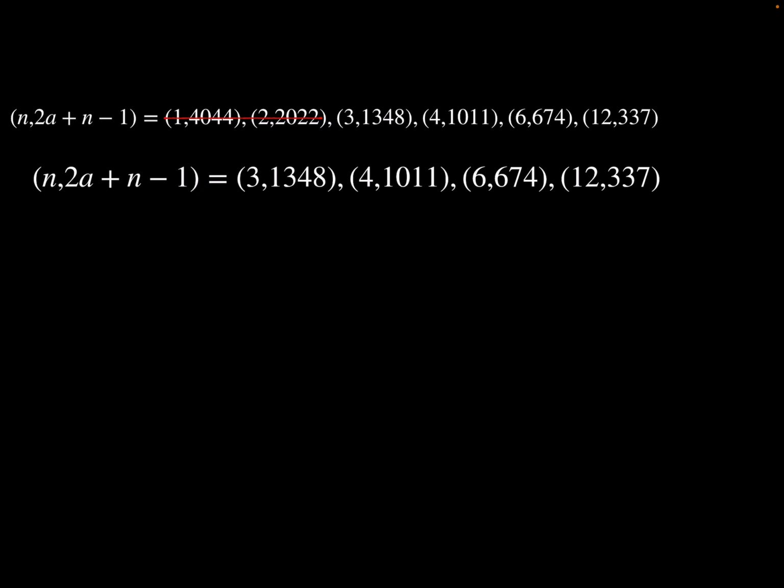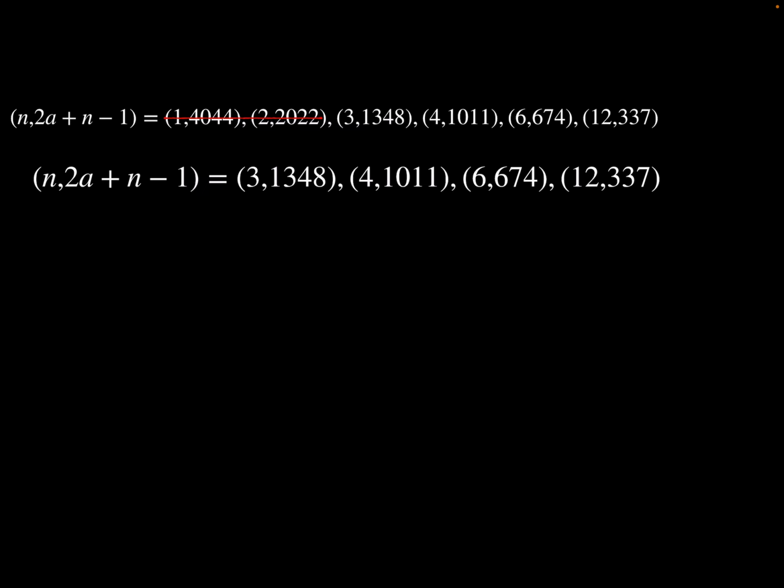Next, we want to solve for the second coordinate. We want to solve for a. In order to solve for a, we already know the value of n, and it is equal to either 3, 4, 6, or 12. So we subtract n minus 1 from the second coordinate.